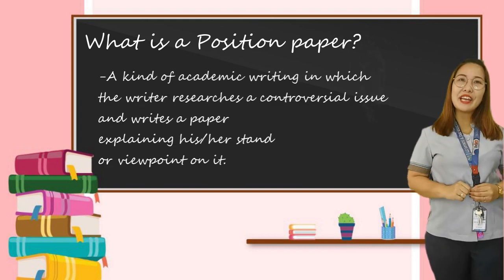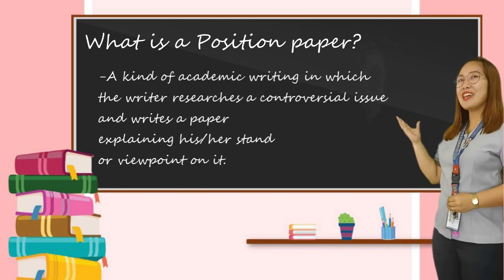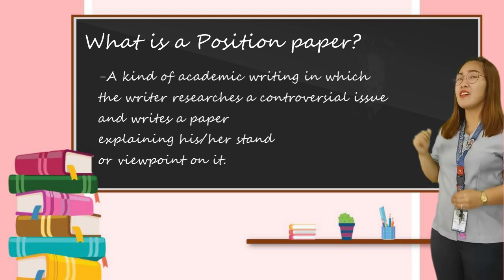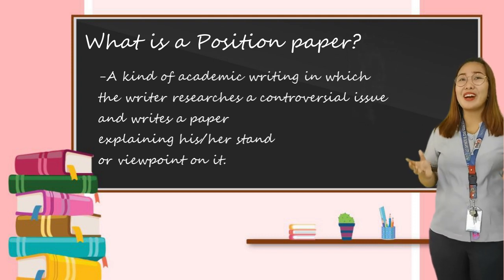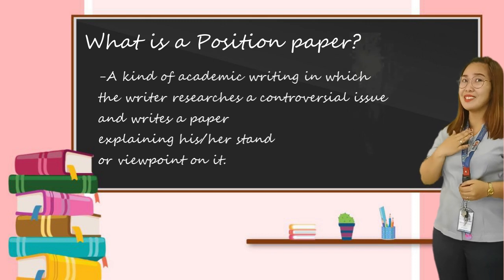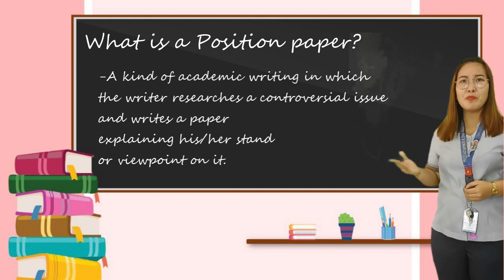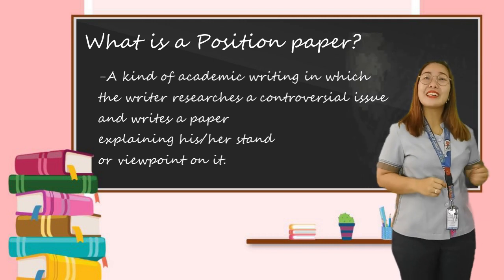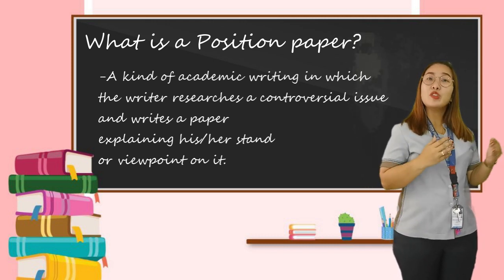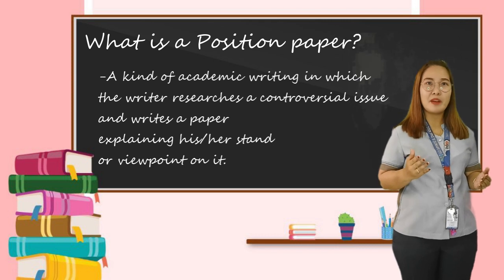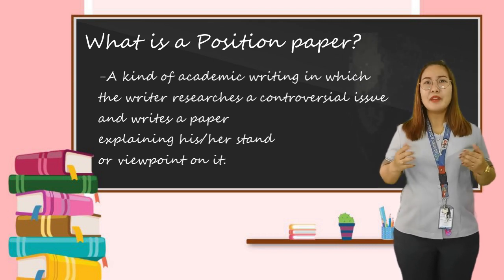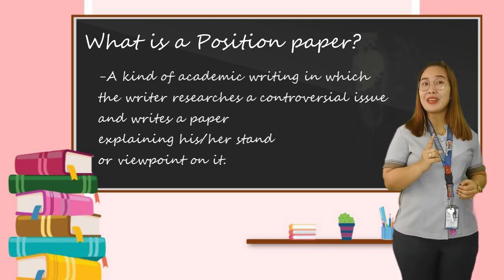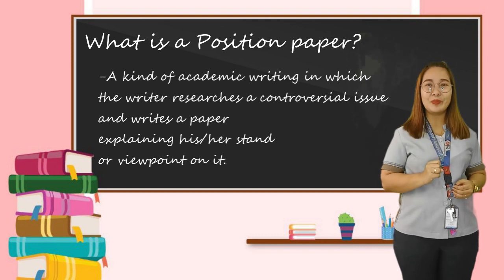Well, it is a kind of academic writing in which the writer researches a controversial issue and writes a paper explaining his or her stand or viewpoint on it. So, basically, a position paper is a kind of academic writing in which the writer researches a particular topic, and more often than not, this topic is a controversial issue.